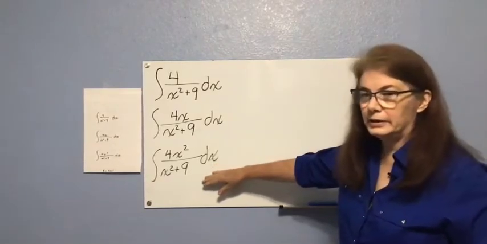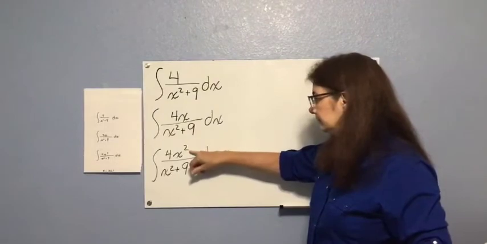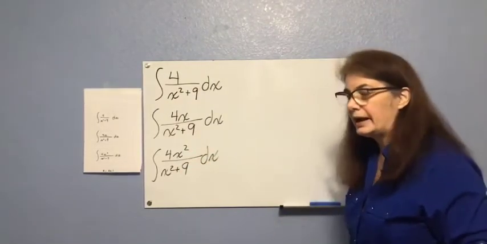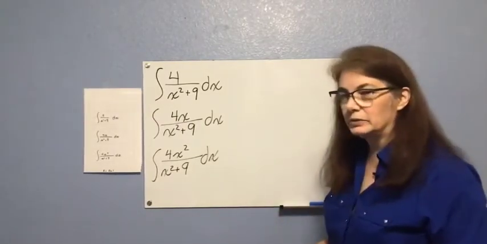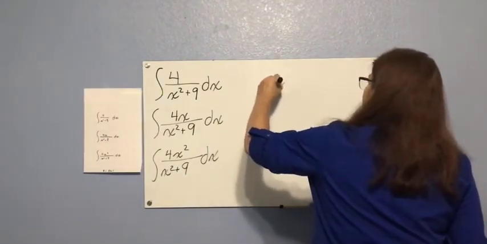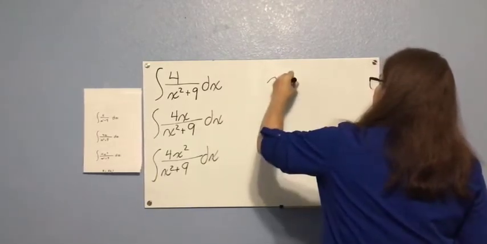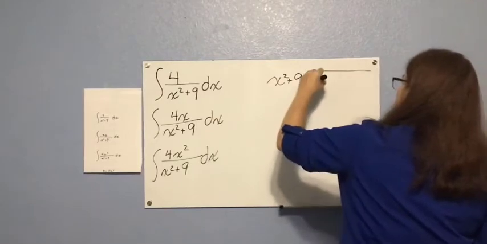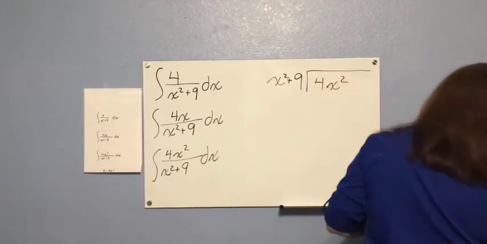Okay, in our third expression, we have the same power of x in the numerator and the denominator. So we need to go ahead and do that long division and break this up into two integrals. So I have x squared plus 9, and here I have 4x squared.